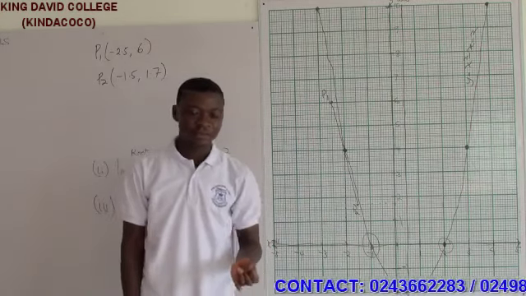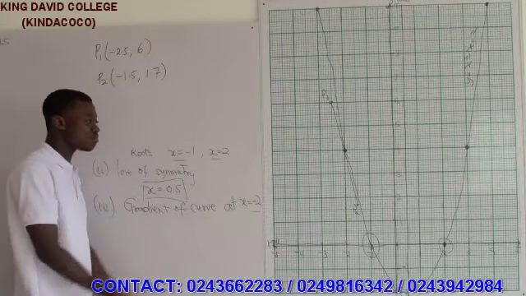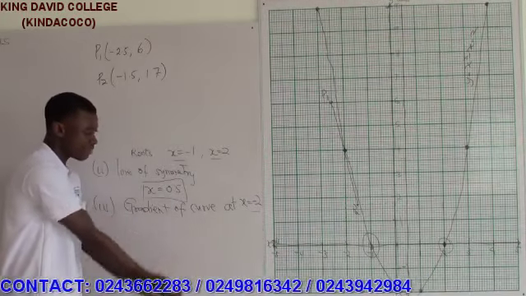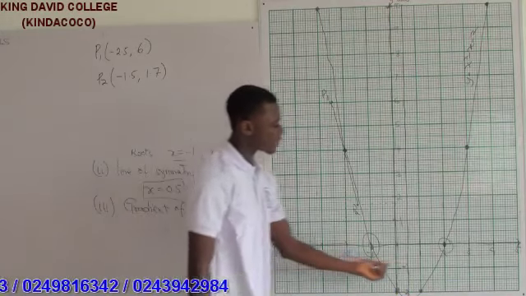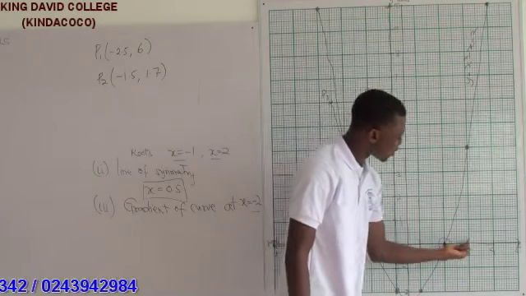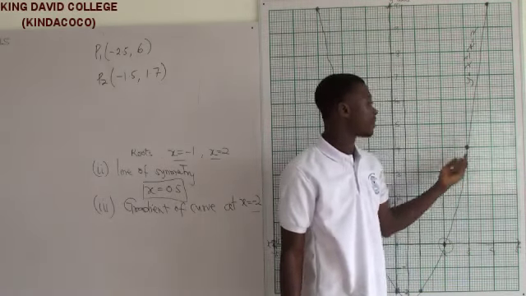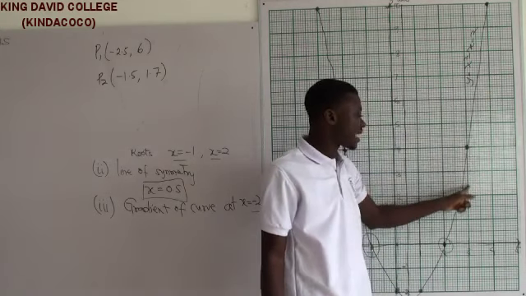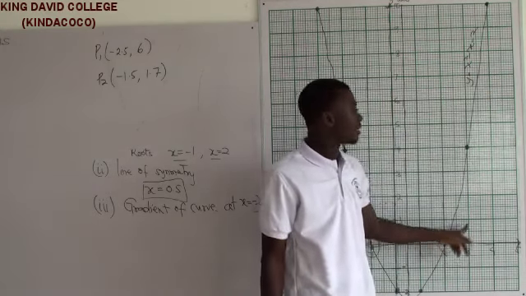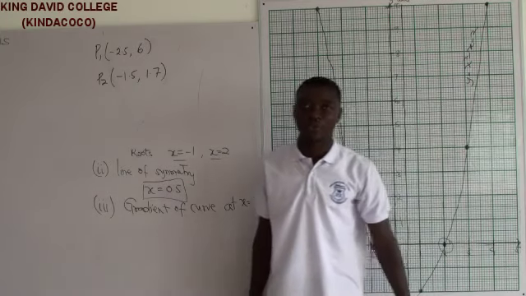So once again, anytime they ask you to find a gradient of a curve at a certain point or at a certain place on the x, come to that x value, locate that value, trace it till it touches there. Okay. Now draw a straight line to touch that point outside the curve. Okay. And then you pick 2 points on the line you drew.